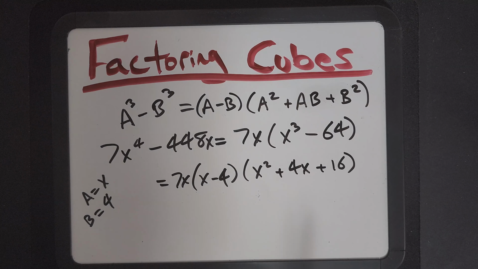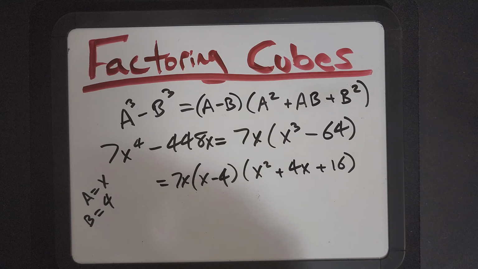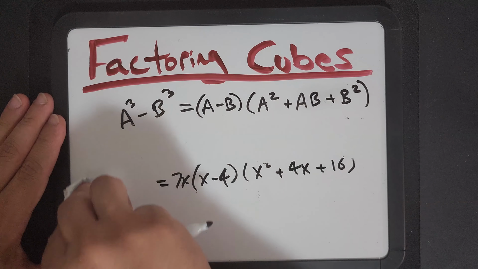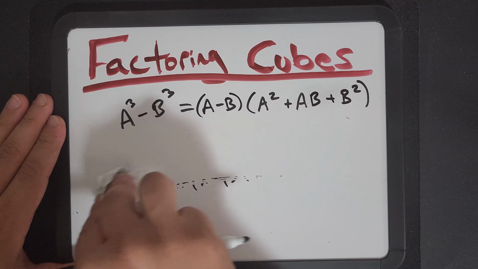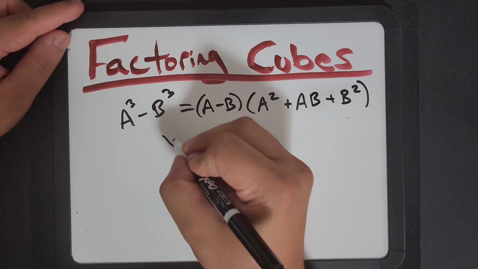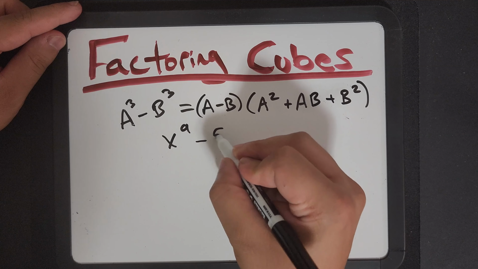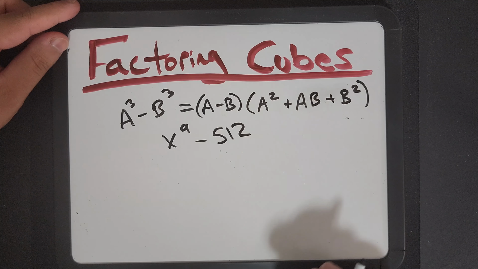So let's look at one more. Let's look at x to the power of 9 minus 512.